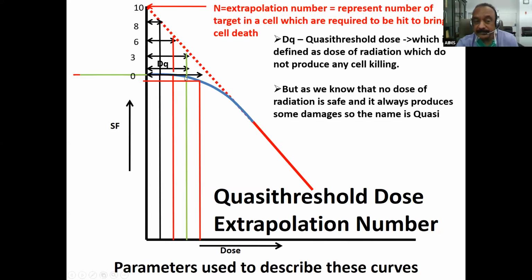That is why the survival curve has started dipping down, meaning the survival fraction has started reducing. So that ultimately gives you the idea about the shape of this cell survival curve. So these two terms, I hope now you understand, quasi-threshold dose and extrapolation number.